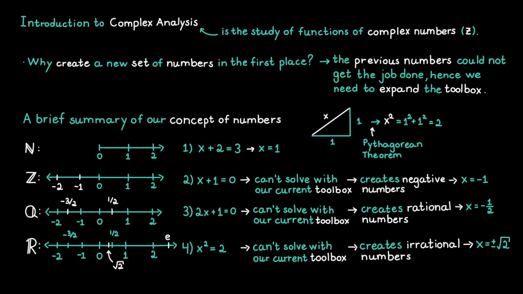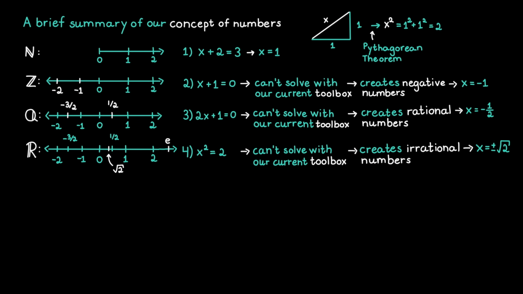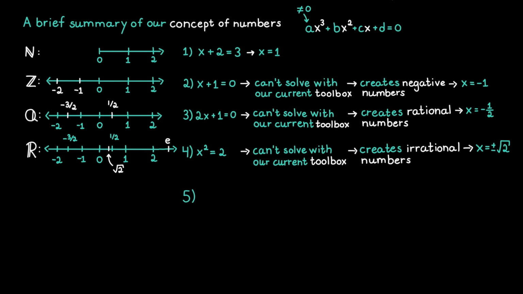The next problem arose when we were trying to find all the solutions to some polynomials. For example, if you have a cubic polynomial, then you are used to finding the solutions by plotting the graph and watching where it crosses the x-axis, which it should do in 3 places, one for each solution. But what if you have a polynomial that doesn't cross the x-axis at all?